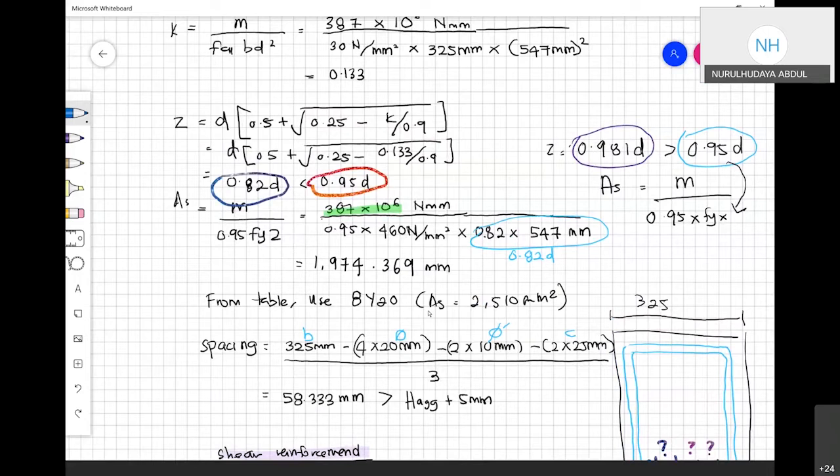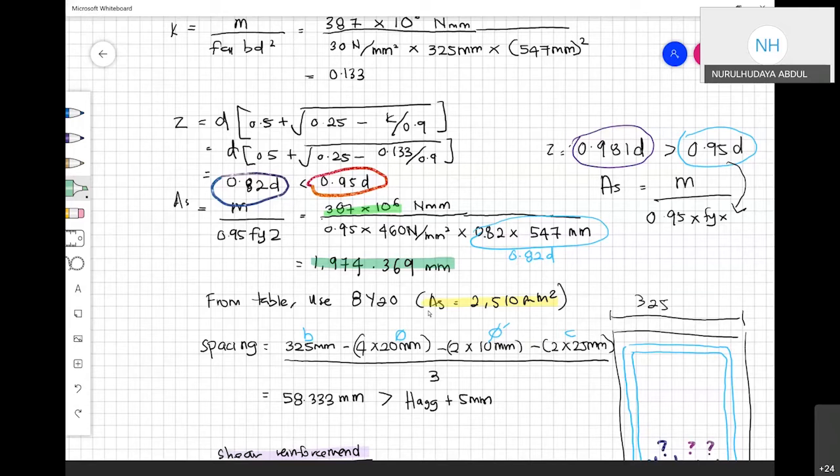Here we have one AS, and another AS. The AS of 1974.369 we call AS required, because when we design we need this much, 1974. But when we design we also provide, so this we call AS provided.